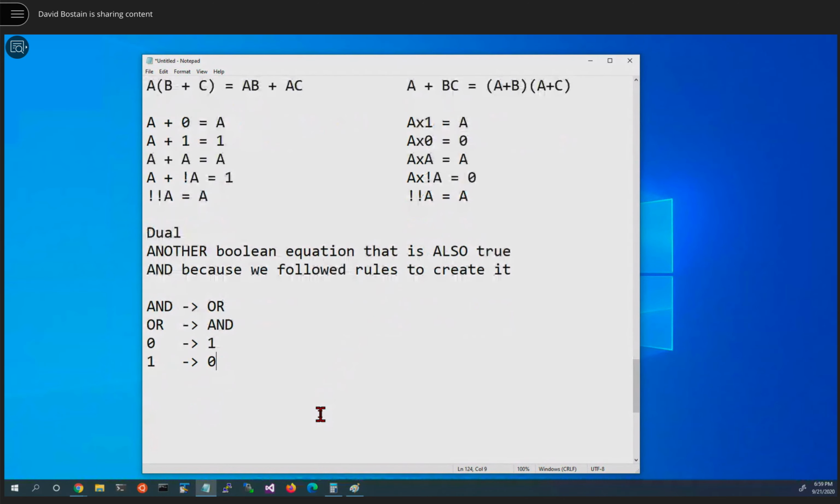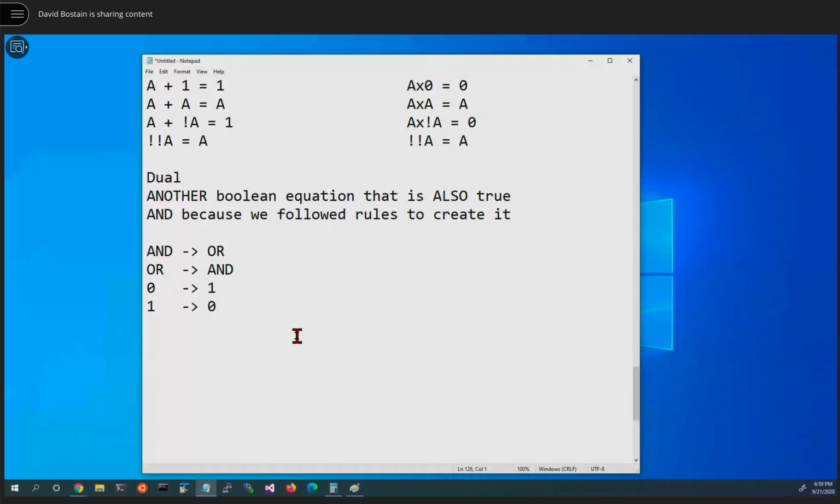Now, there are a couple other theorems which I'm going to just present, and then we'll talk about them as we need them. Well, I'll just go with one, a DeMorgan's theorem problem here.